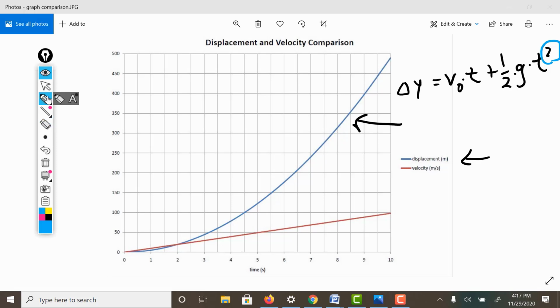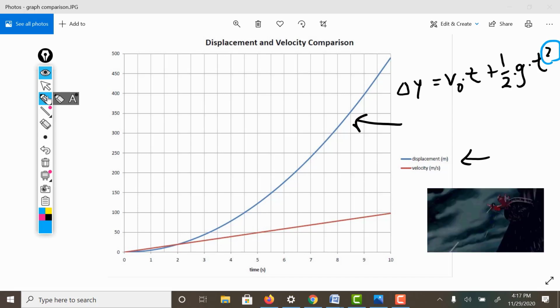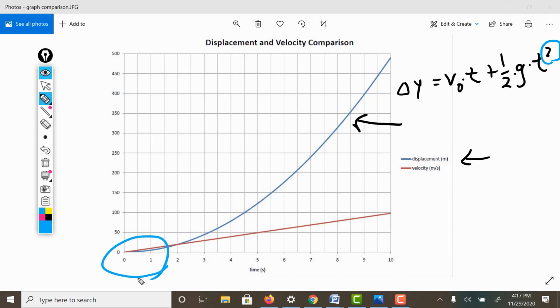So what you'll notice is that if you were to drop something by accident, it's easier to get a hold of it right away. So let's say you're over a bridge and you drop a camera or your phone. If you do your best to catch it really quickly, you have a chance because it hasn't fallen far. But if you decide to catch it 3 seconds later, you're already 50 meters away.